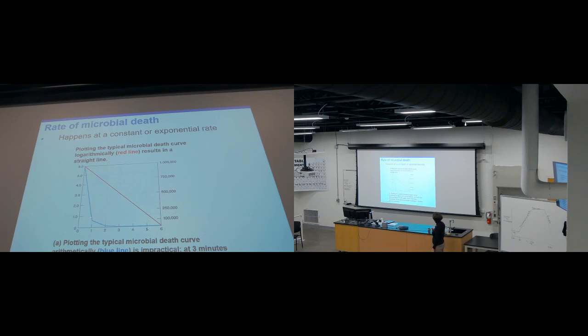So in this case, you have basically a reduction from 100,000 to 10,000. And then from minutes 2 to 3, you have a reduction from 10,000 to 1,000. So every minute that passes by, you will have a reduction by 90%.